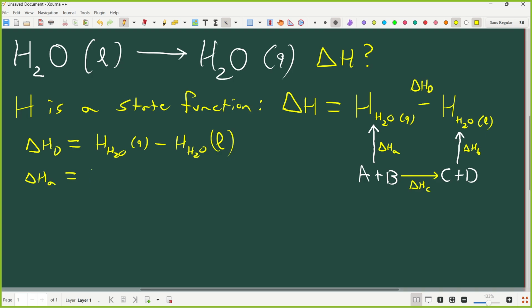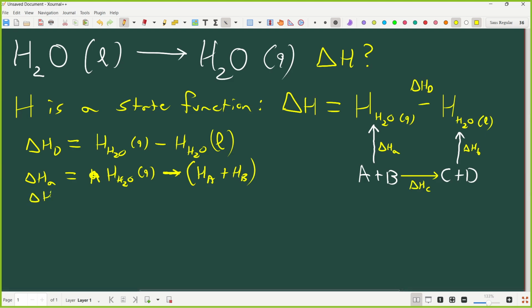is going to be the enthalpy of H2O gas minus, sorry, this is a minus sign, the sum of the enthalpies of A and B. Products minus reactants. And we can just keep going down here.